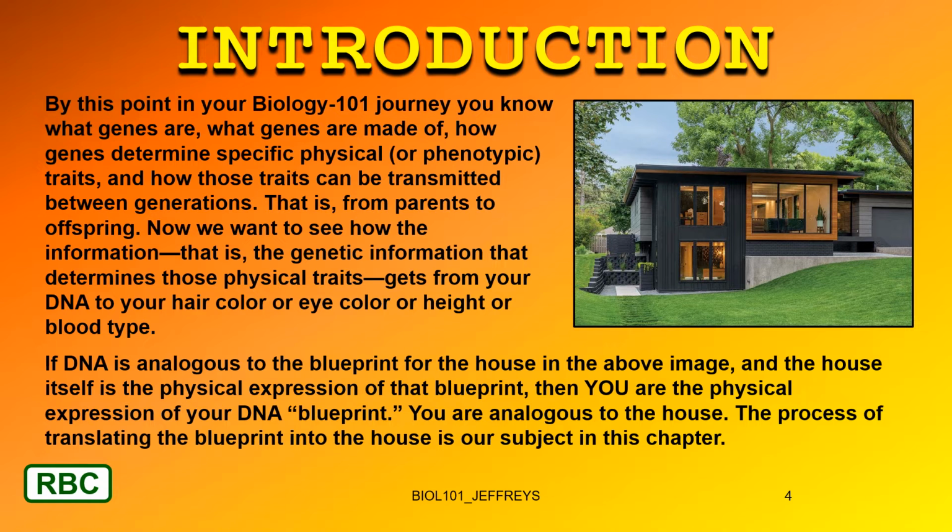We want to find out how it gets from your DNA to your hair color or your eye color or your height or your blood type or 5 fingers on each hand and 6 toes on each foot, or whatever your physical characteristics are.